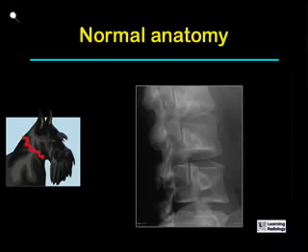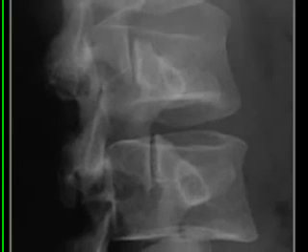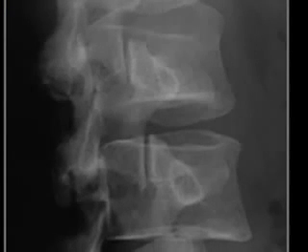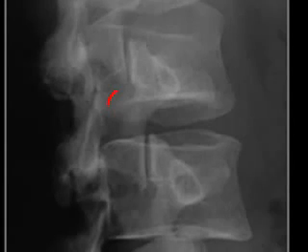Let's look at the normal anatomy of the vertebral body, especially as it relates to the pars interarticularis. This is the so-called Scotty dog, which I've drawn a collar on. And now let's carry that image over to a left posterior close-up view of the vertebral bodies. So this is the superior articular process.